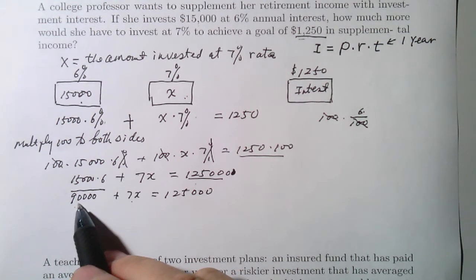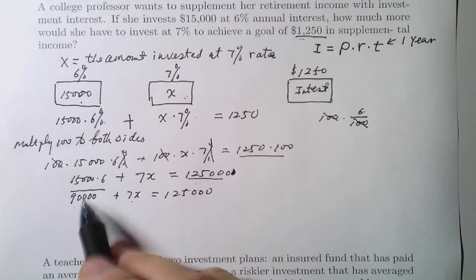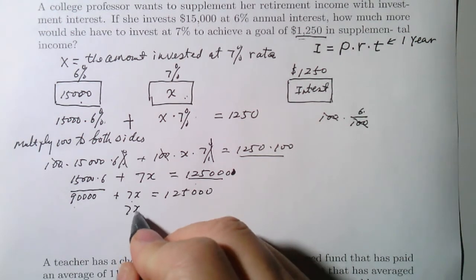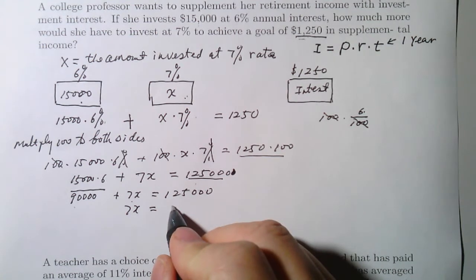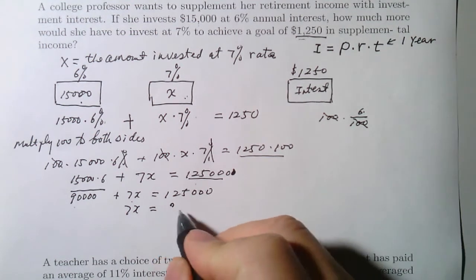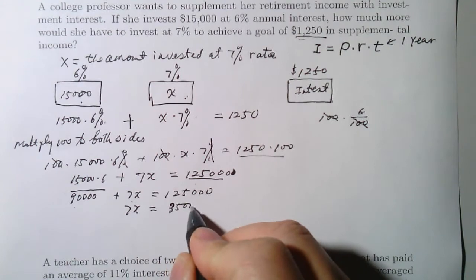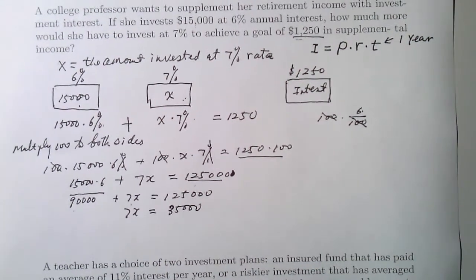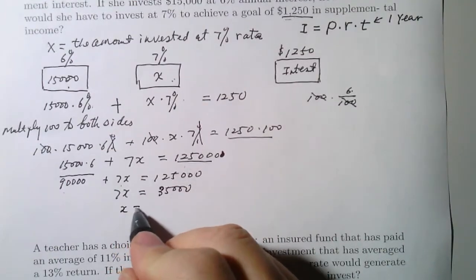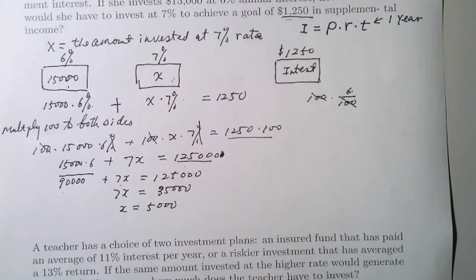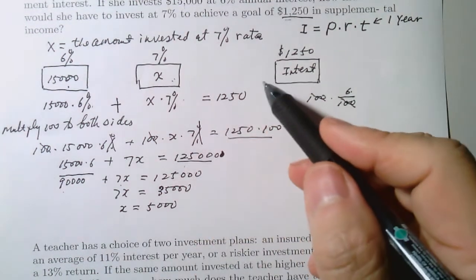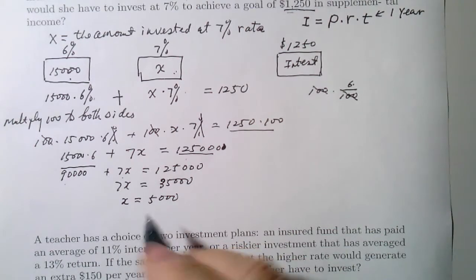So I have 7x equals 35,000. Divide both sides by 7, and you find that x equals 5,000. So now we solved this equation, and we got x equals 5,000.